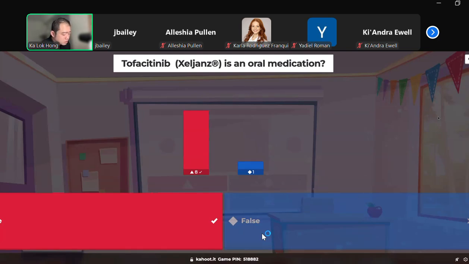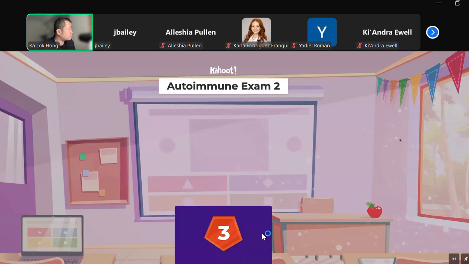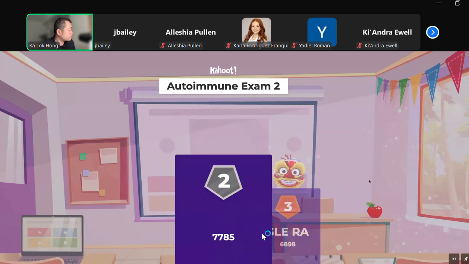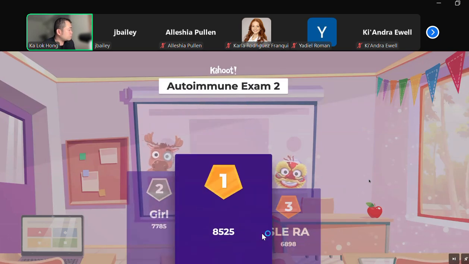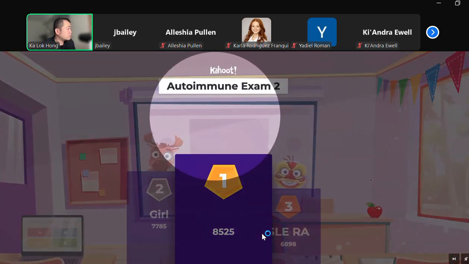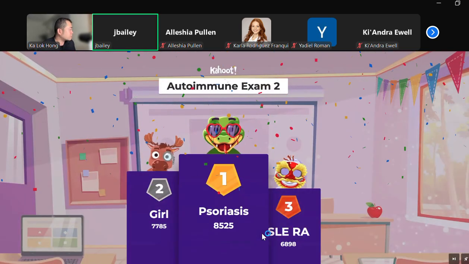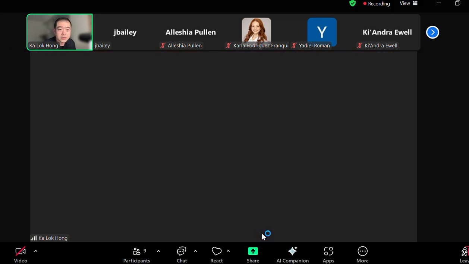So all these oral, the nib ones, okay, do pay attention to those indications and mechanism of action. All right, SLE is number 3, 2, 1. All right, psoriasis, congratulations, psoriasis. That's the bigger topic there.